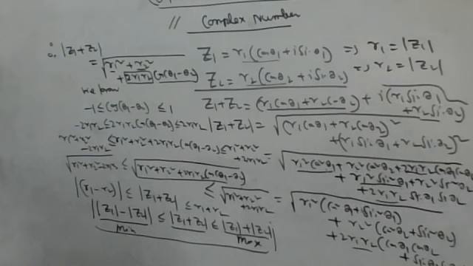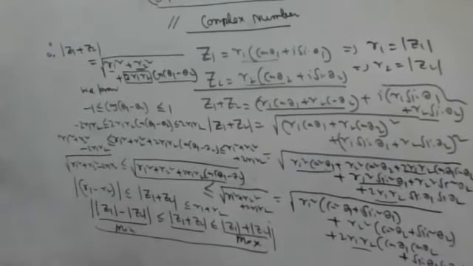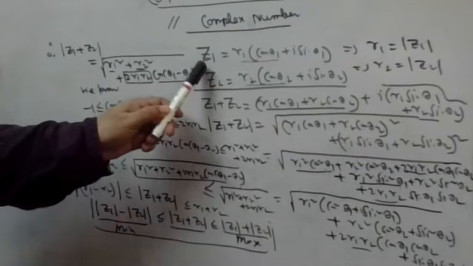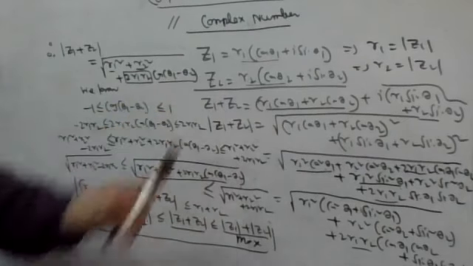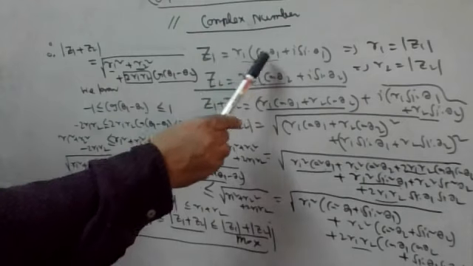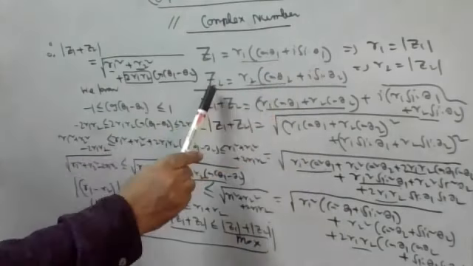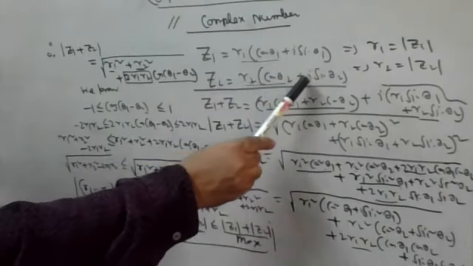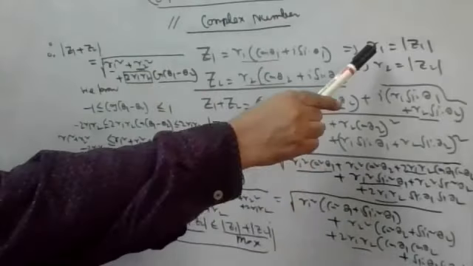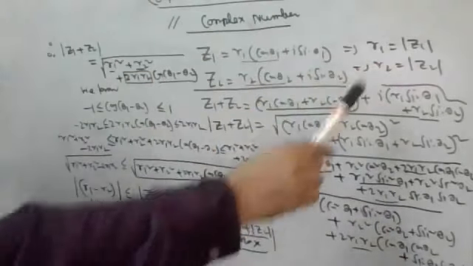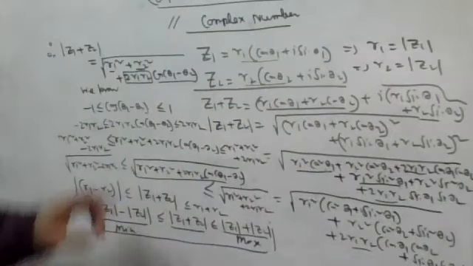Okay, hope you understood. So what we have got here, again I'm explaining: we are choosing 2 points z1 and z2 in polar form, r1 cos theta 1 plus i sin theta 1, z2 r2 cos theta 2 plus i sin theta 2, but r1 is equal to mod z1, r2 is equal to mod z2.